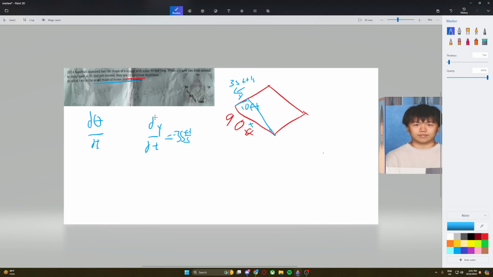So how do we get d theta? Well, there is an equation that relates these two sides, which is tangent theta equals y over x. Is that right?